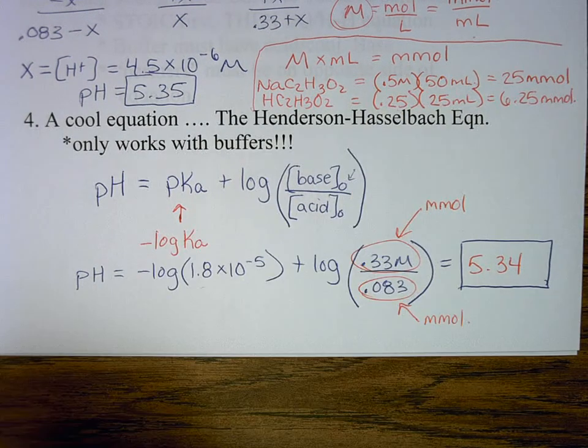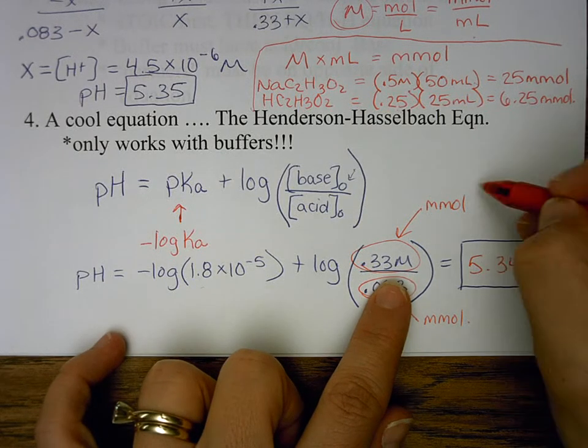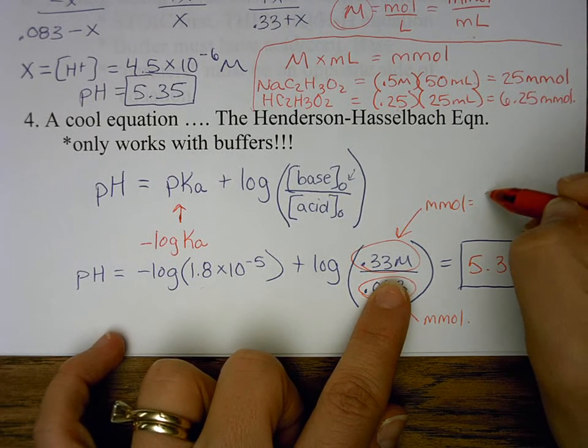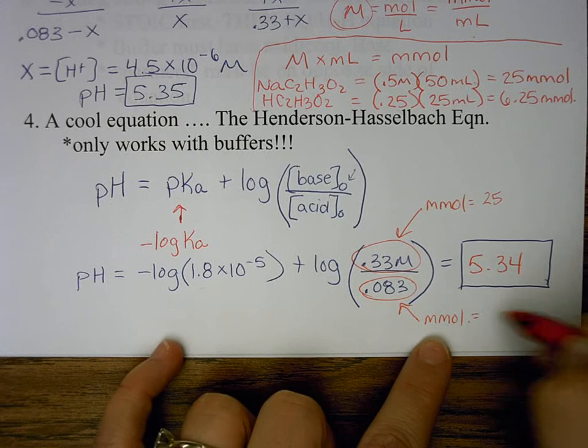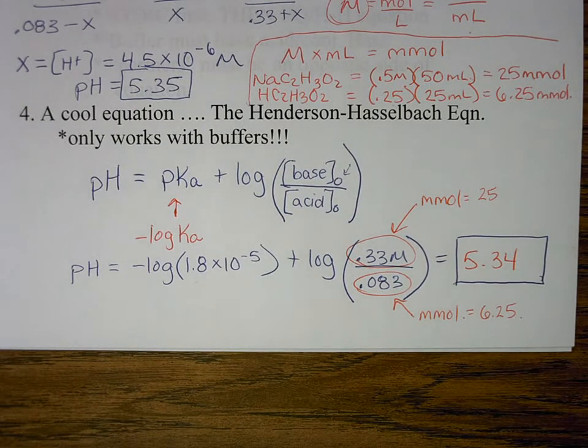So this one would be 25, yes. And then this one would be 6.25. And because you end up dividing it by the same total volume, the ratio ends up being the same. So you can skip that step completely.